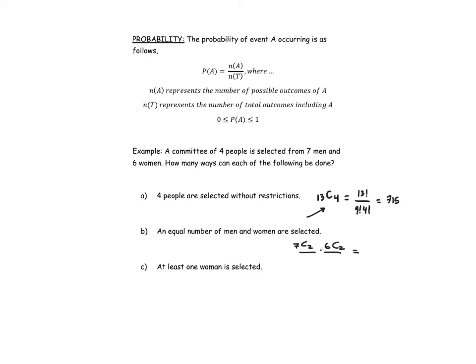Okay, using your calculator, press math, go over to the probability tab, and select option number 3. So that'll be 7 choose 2 times 6 choose 2, which comes out to be 315 different ways.